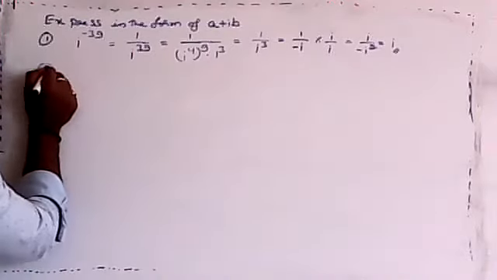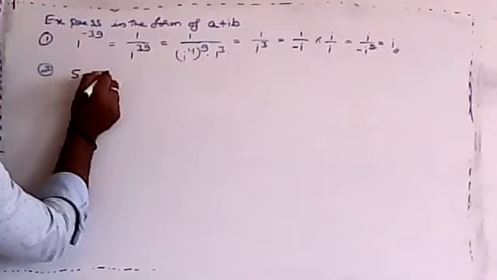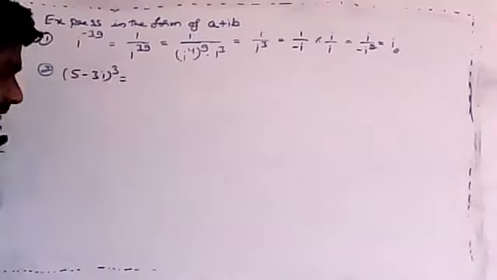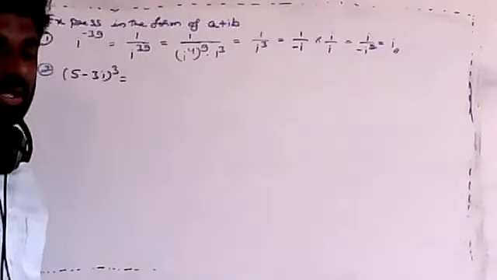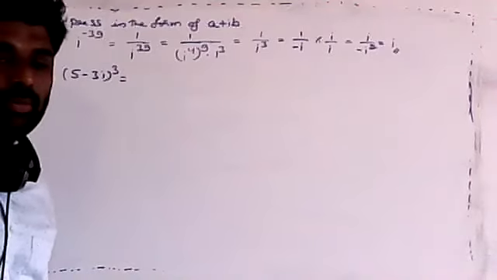5 minus 3i the whole cube. 5 minus 3i the whole cube. Okay. Can you tell me what is the a minus b the whole cube formula here?